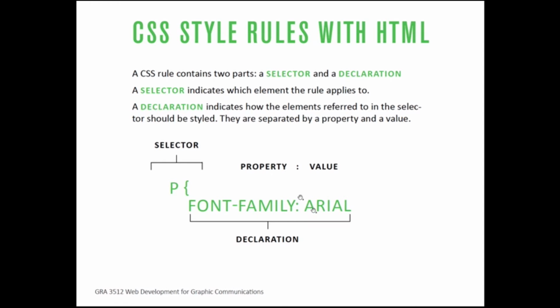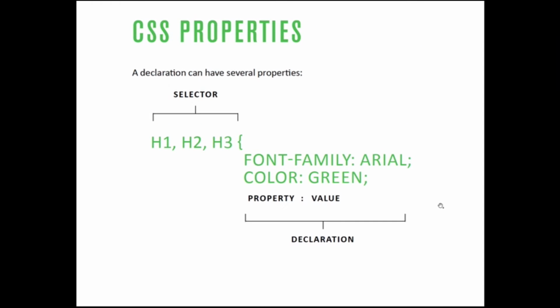Now we can look at multiple properties. You can have H1, H2, H3, all these tag selectors are being given a declaration of the font family Arial plus the color green, and those are separated by a semicolon. So you can assign more than one property to a selector.